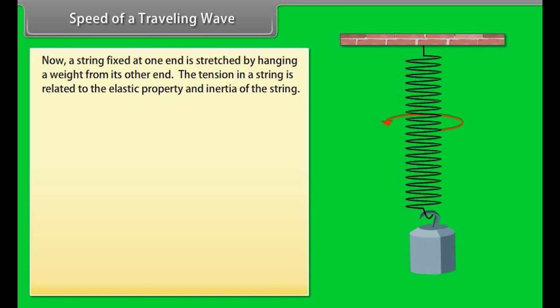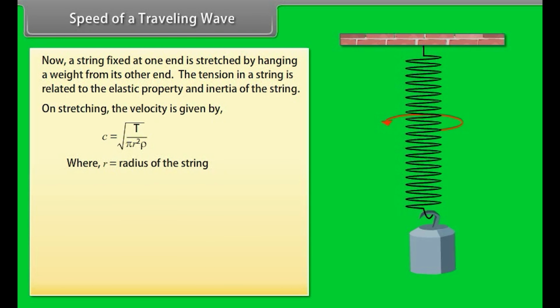The tension in a string is related to the elastic property and inertia of the string. On stretching, the velocity is given by C equals root of T upon pi r squared rho. Here, r is the radius of the string and rho is the density of the material.